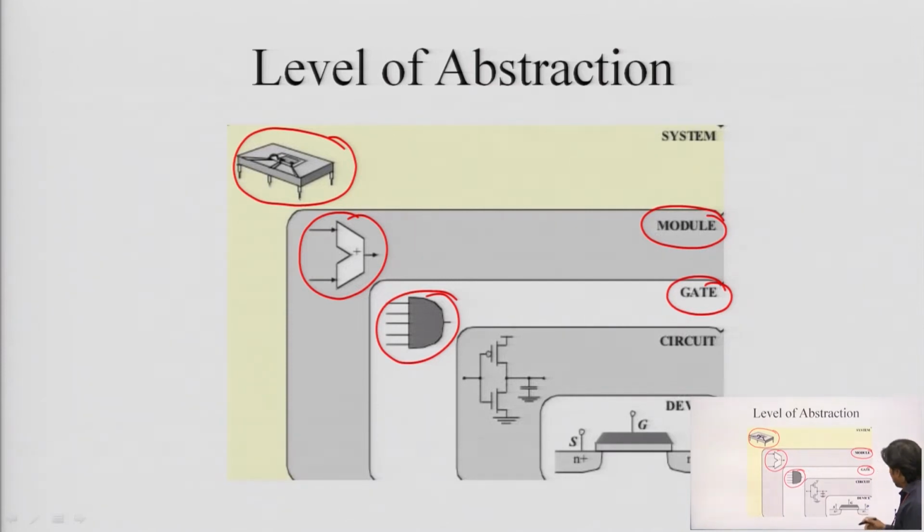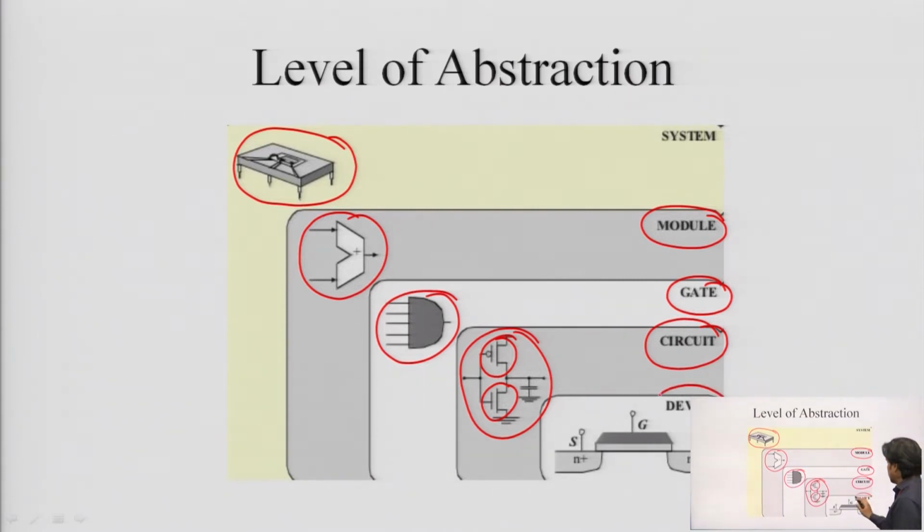Next is the circuit. By using the circuit level of implementation, we can design such gates. These circuits are a combination of NMOS and PMOS. This is called complementary metal oxide semiconductor, right.